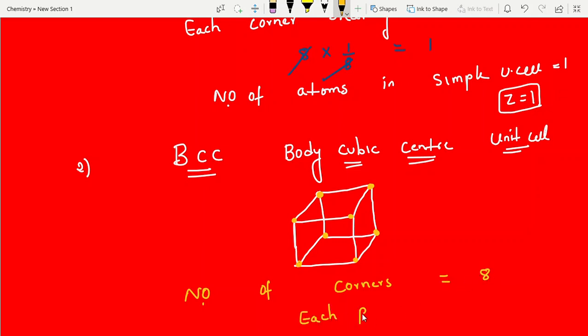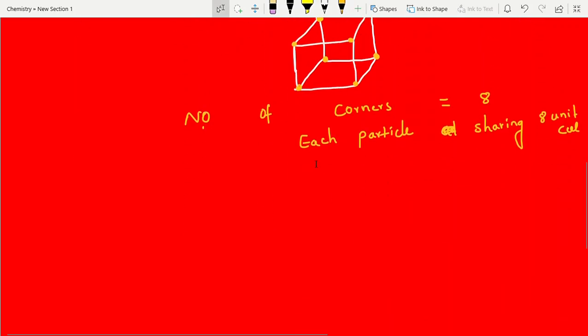A particle may be an atom, ion or molecule; I said atom. Each particle at a corner is shared by how many unit cells, students? 8 unit cells. Same as the above case, because first it is like a primitive. We calculate 8 into 1 by 8, which is 1. We have to write the points like this.